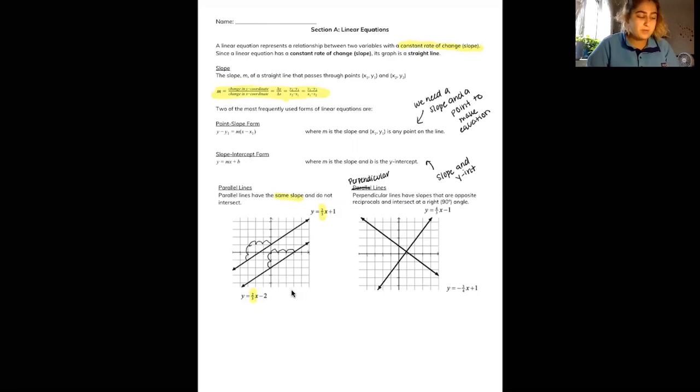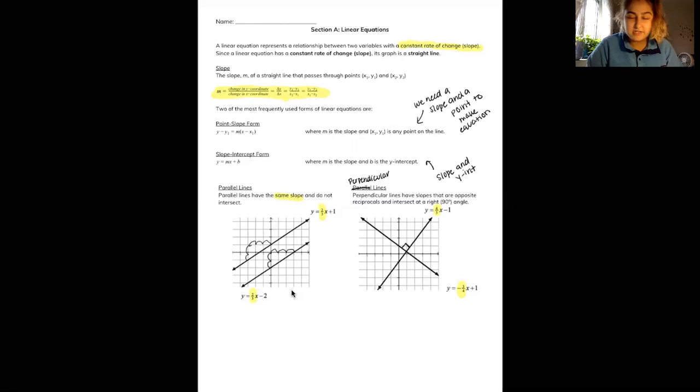When we talk about perpendicular lines, it means that the slopes are opposite reciprocals. So we flip the fraction and then we change the sign. So this one right here is 4/3, and this slope right here is -3/4. Okay, and what's important about perpendicular lines, we know that they're perpendicular if there is a right angle between the two lines, right?